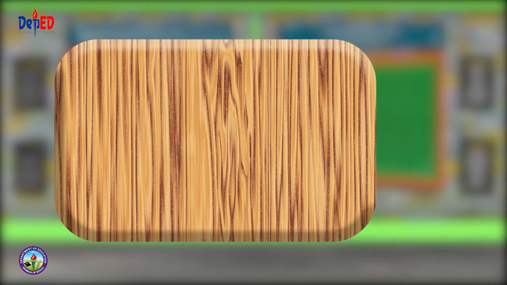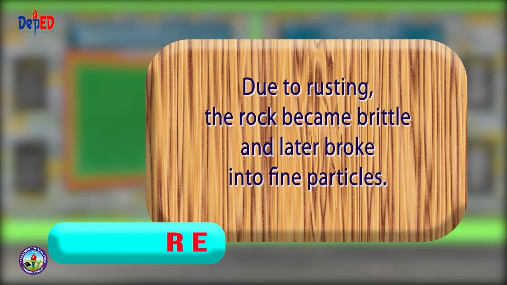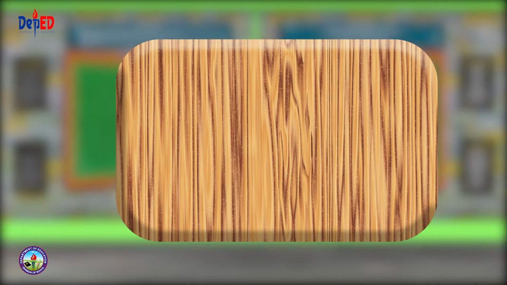Okay, let's proceed to number 4. Due to rusting, the rock became brittle and later broke into fine particles. The answer is real. Yes, correct. Now number 5.